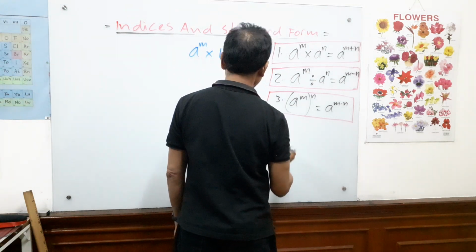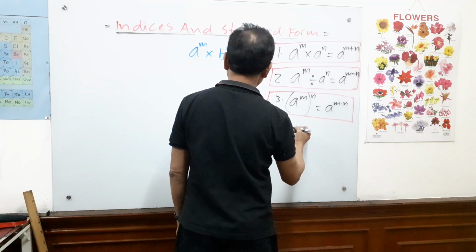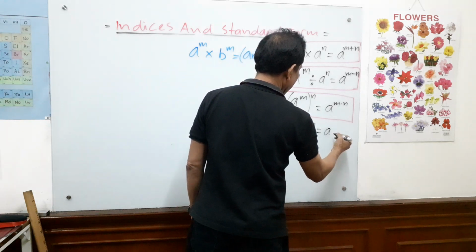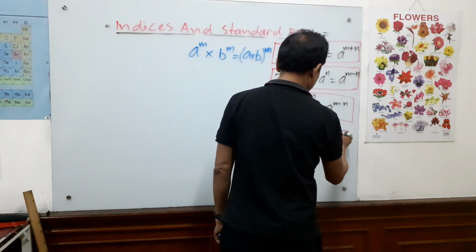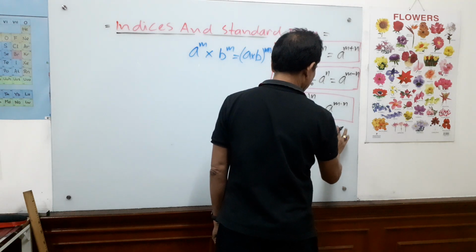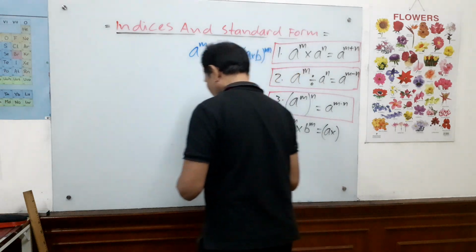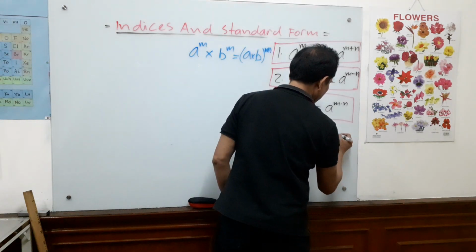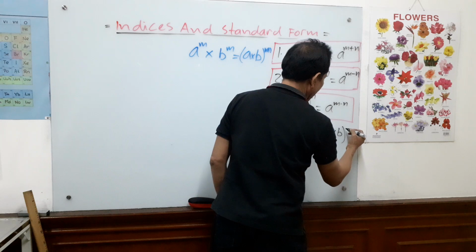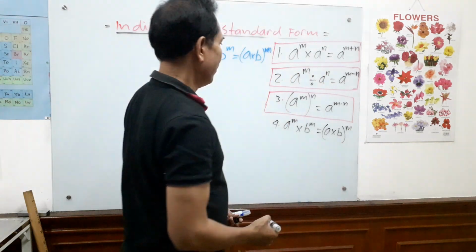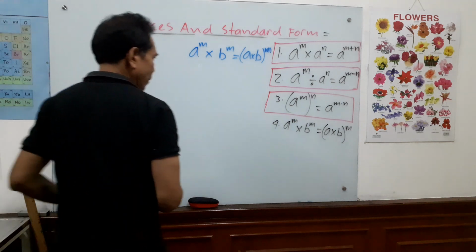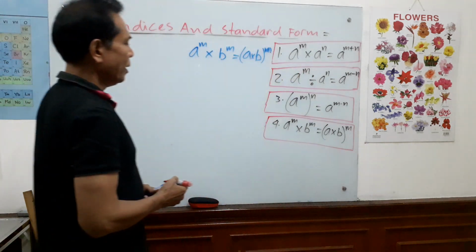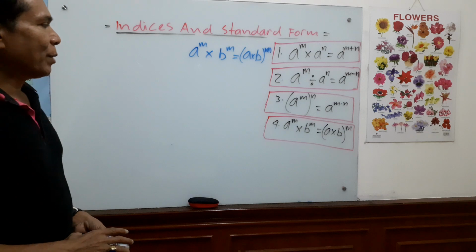So A power M times B power M equals A times B power M. Okay, this is your fourth formula: A power M times B power M equals A times B power M.